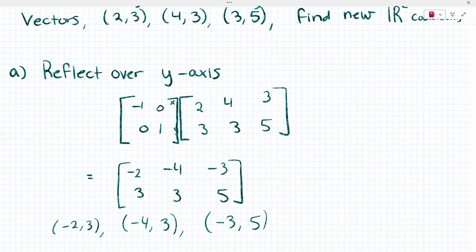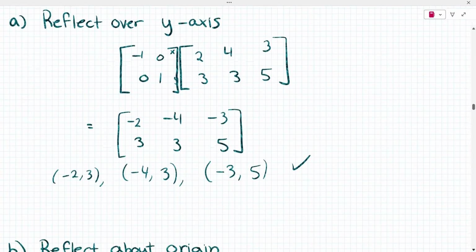Compare the old coordinates with the new ones: (2, 3) is now (-2, 3), (4, 3) is now (-4, 3), and (3, 5) is now (-3, 5). That's totally true. It's really cool how you can use matrices in 2D or 3D to get a new matrix that's reflected over the y-axis.